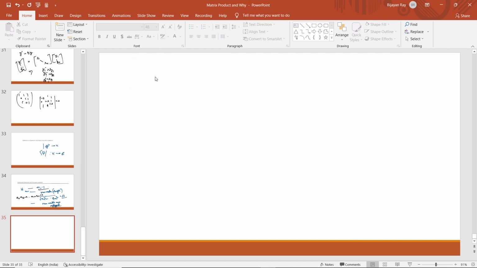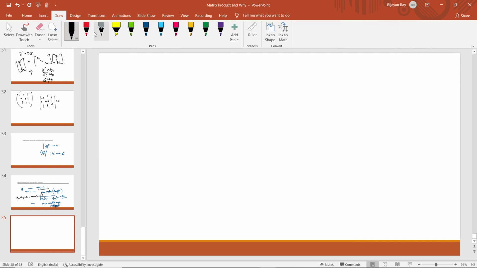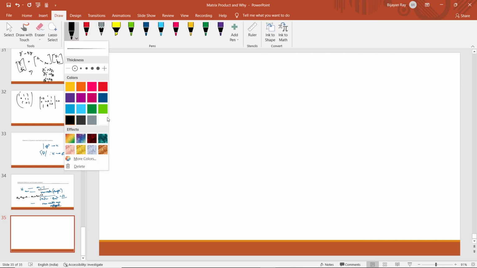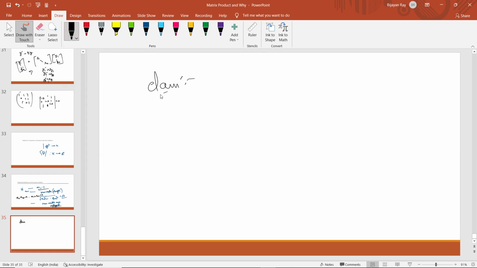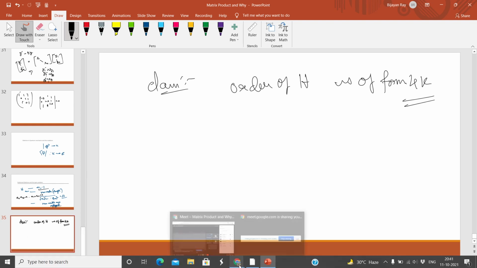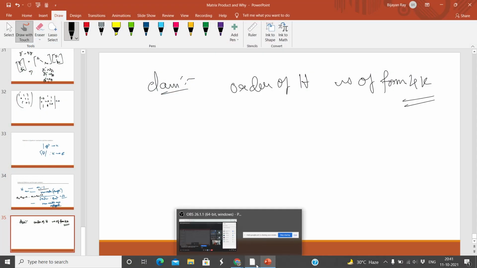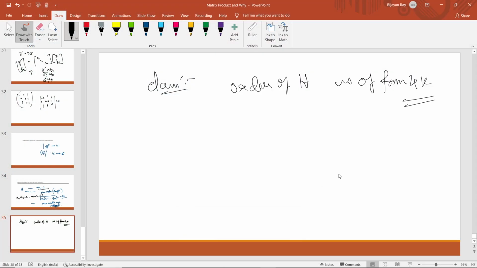Here's an interesting thing, an easy claim: the order of a Hadamard matrix H is of the form 4k. I think one of these was an ISI entrance test problem from a couple of years ago.